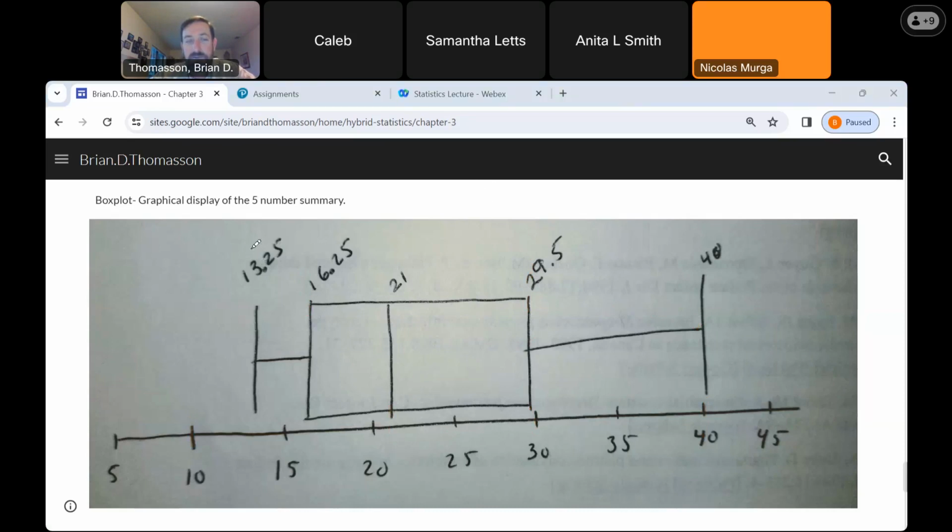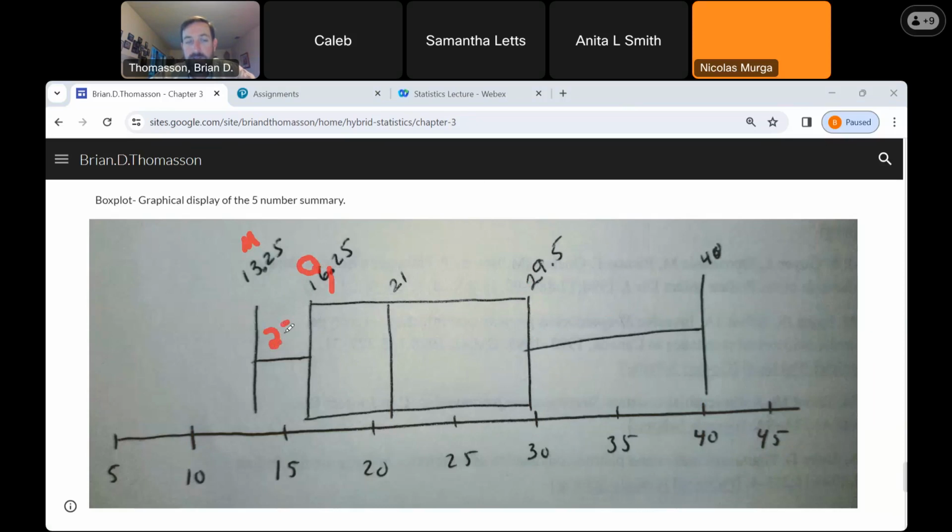The 13, that's our minimum. This is Q1. The definition of Q1 is that 25% falls below it. So in this first range between the minimum and Q1, we have 25% of the data.